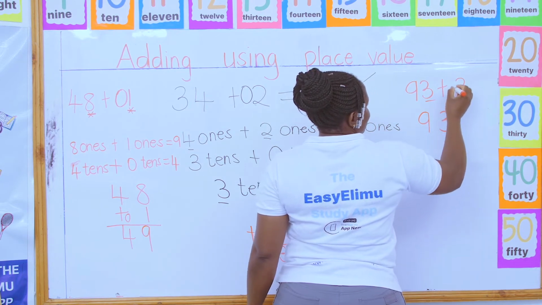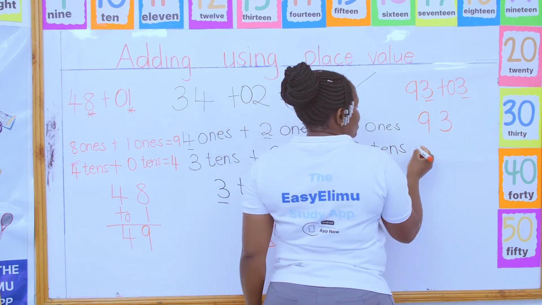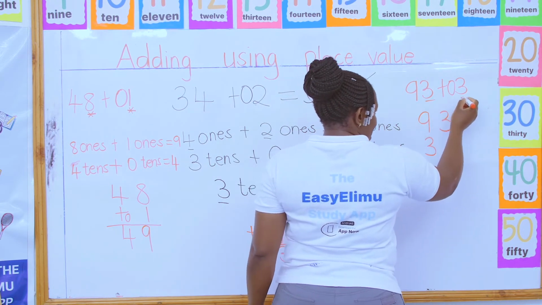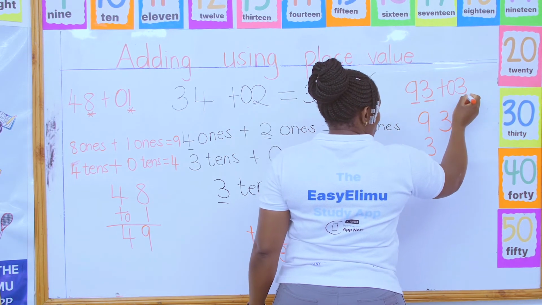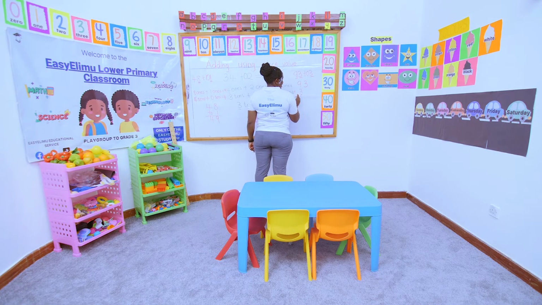And we are asking ourselves, because there is no number here, what do we put there? A 0, so that you avoid writing this number like this. This is a 1, and this is a 1, and this is a 10. So you cannot add a 1 on a 10. It's like when you're adding boys and girls. So to avoid writing this number like this, put the number before that number as 0 to show that there is only one number in that question.